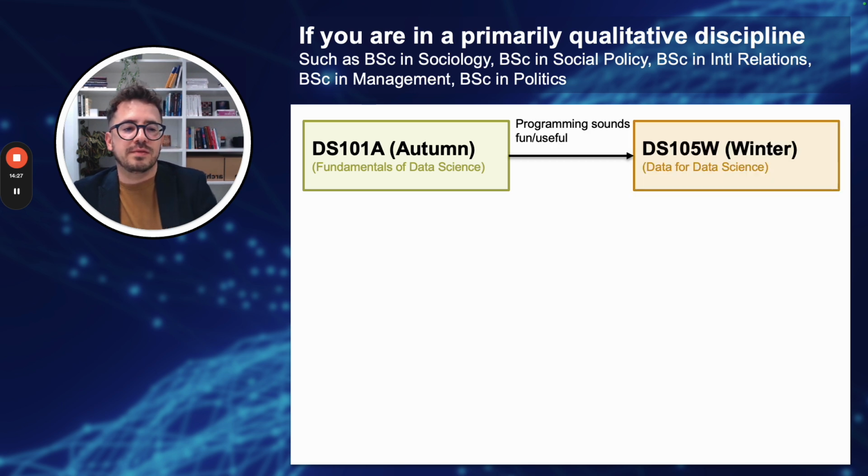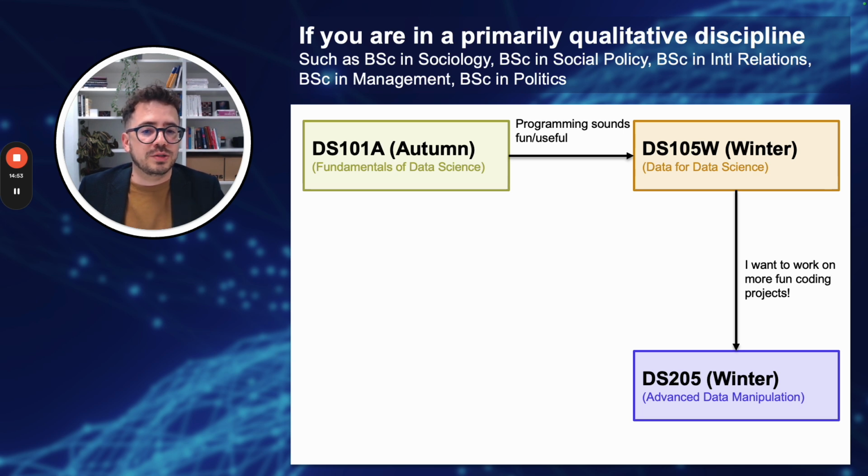Then if you feel like programming sounds fun or is a useful thing you want to learn and master, you can enroll straight away in the same year for DS105W. Or if you have more years of undergraduate study, you can take DS105 the following year, for example. So it gives you an overview of everything, you're familiar with all the concepts, and then you take DS105.